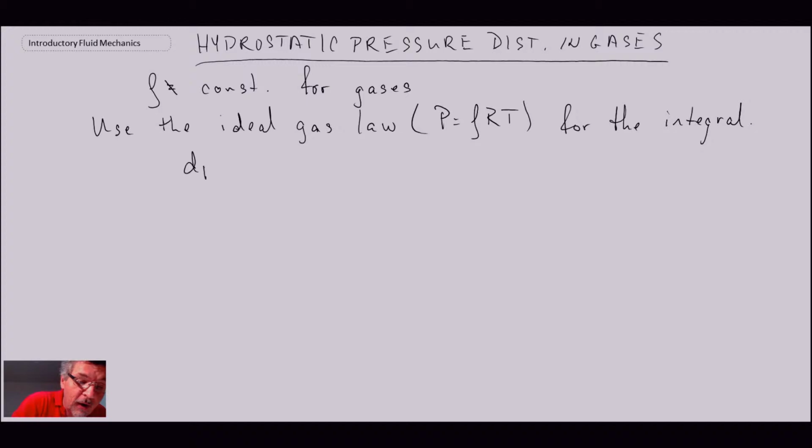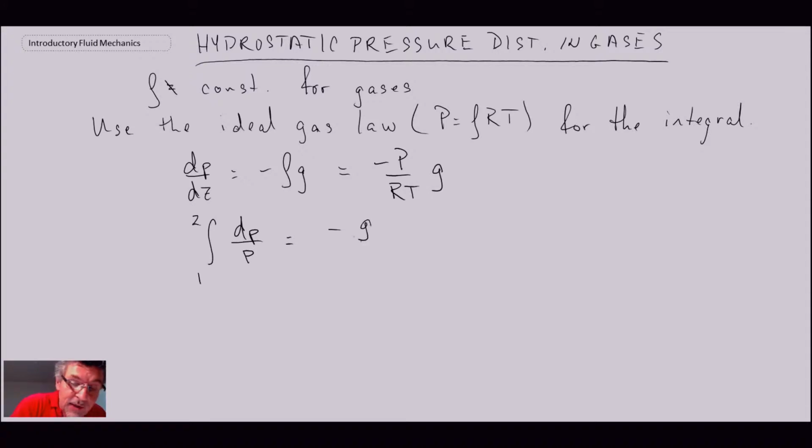If you recall, what we derived was an equation that looks something like this, assuming that there was no acceleration or vorticity, shear within our fluid. Subbing in the ideal gas equation, we get minus P over RT for rho G. We'll rearrange this, and on the left-hand side we get an integral from 1 to 2 with a natural logarithm, and on the right-hand side, G over R, 1 to 2.